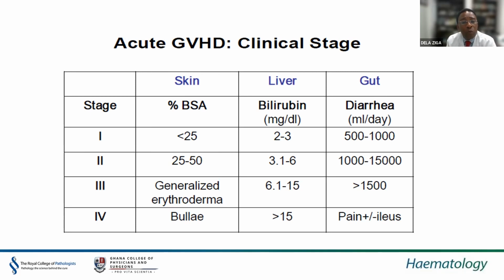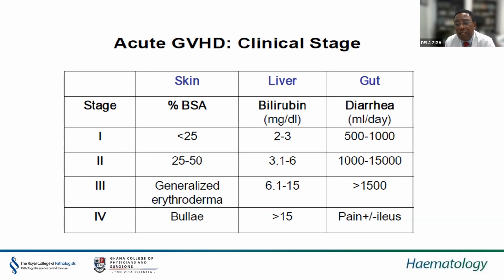So with the skin, we look at the body surface area up to 50%. And once you develop generalized erythema and bullae, you are in an advanced stage of skin GVHD. The liver is determined by bilirubin level, and higher than 15 milligrams per deciliter is stage 4 liver GVHD.